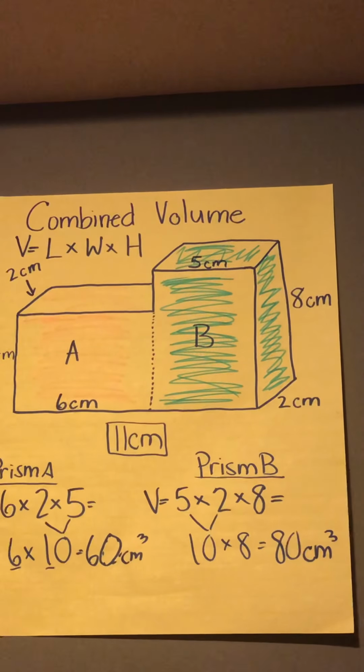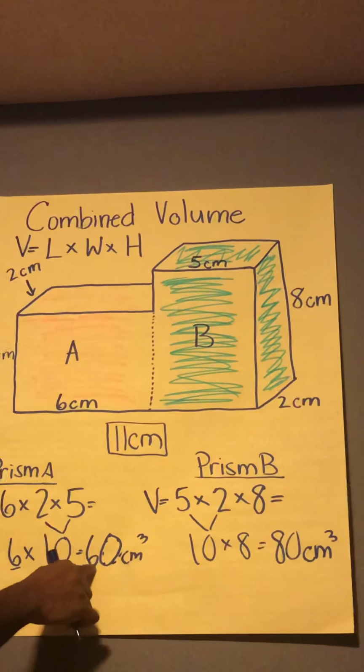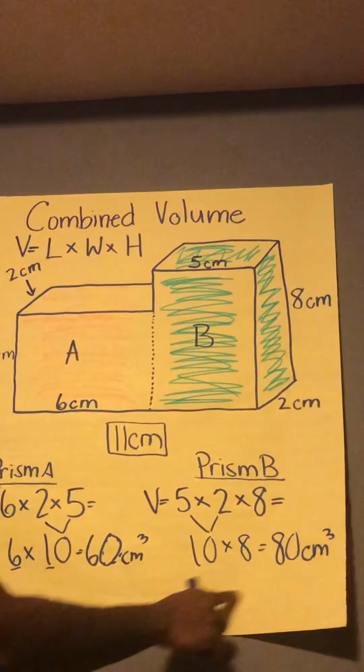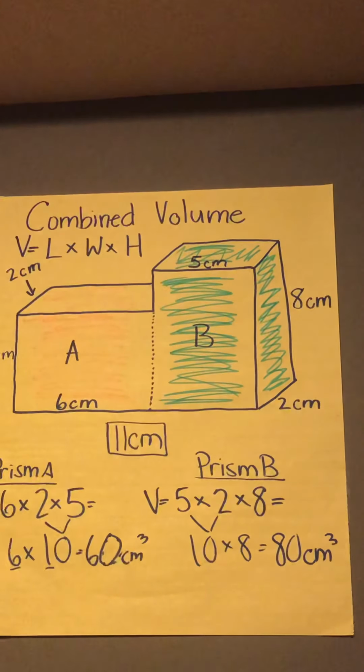So now in order to find the combined volume of each of them, I have to do my last operation, which would be to add 60 cubic centimeters plus 80 cubic centimeters. And there you would have your answer.